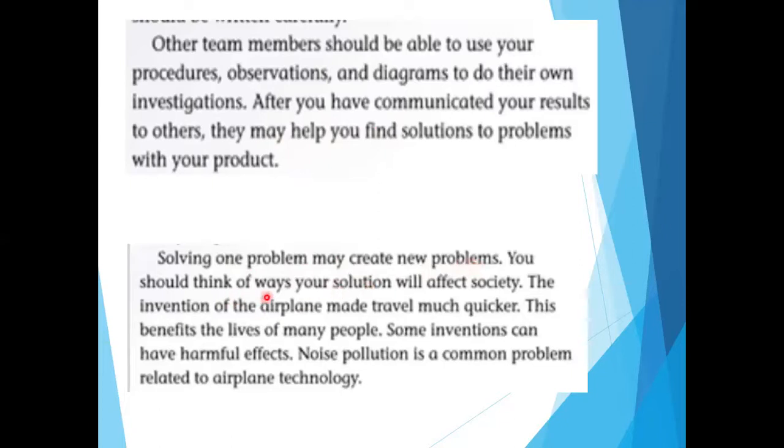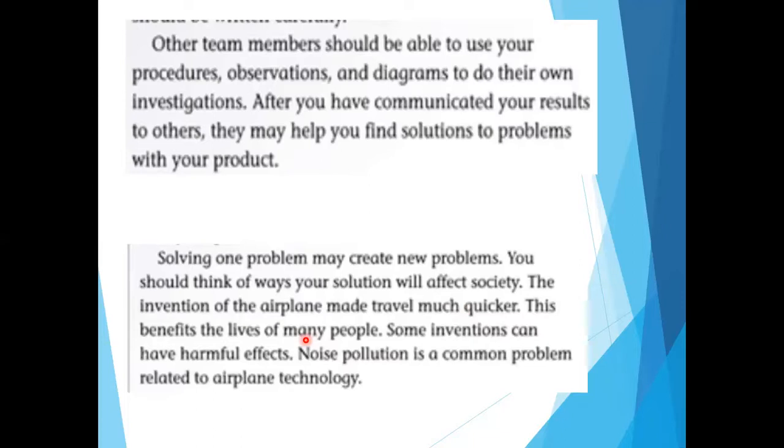You should think of ways your solution will affect society. The invention of the airplane made travel much quicker. So if you want to travel from one country to another, if you travel by car, maybe it will take 20 hours.